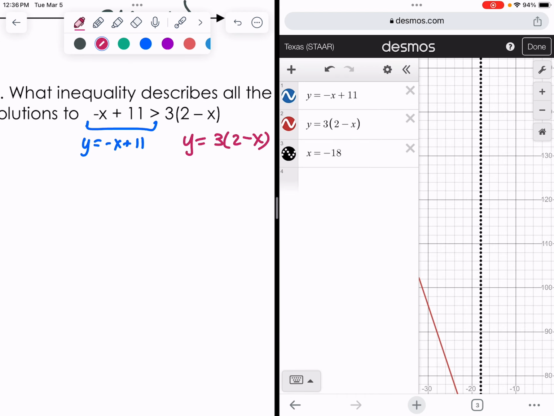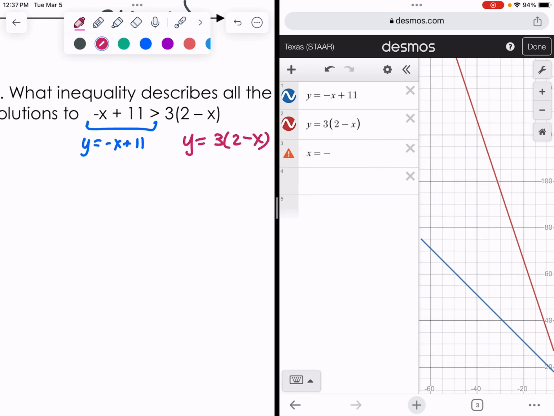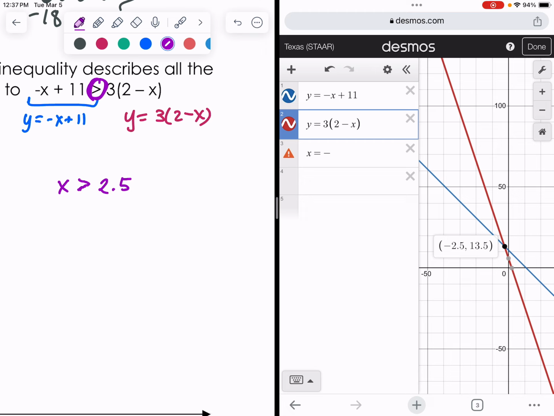And so delete that for now. Gotta go find the intersection. And so it says negative 2.5. And so x, we know 2.5 is going to be part of our answer. They may put it in fraction form, but for now I'm going to leave it as a decimal. And so looking at the inequality, it's not going to have a line. So if we're guessing, it's either going to be x is greater than 2.5 or x is less than 2.5.